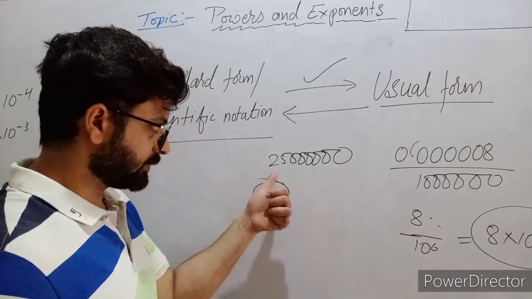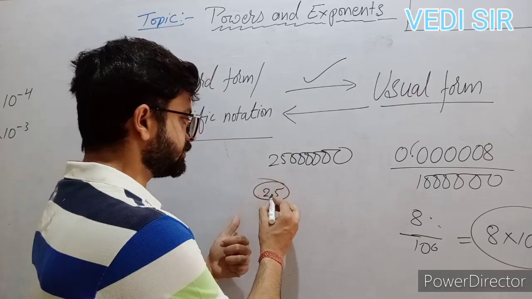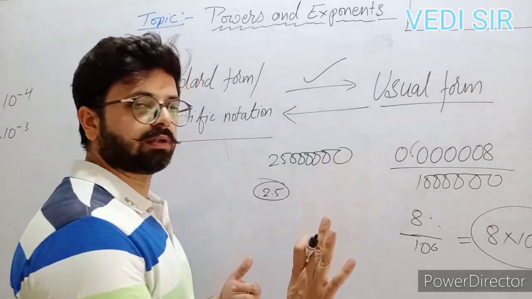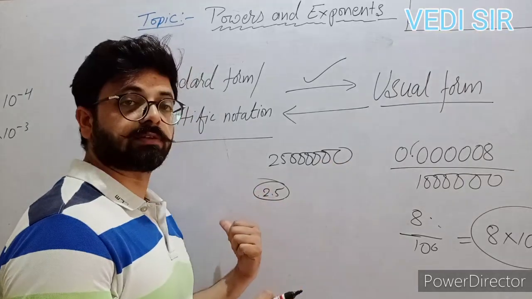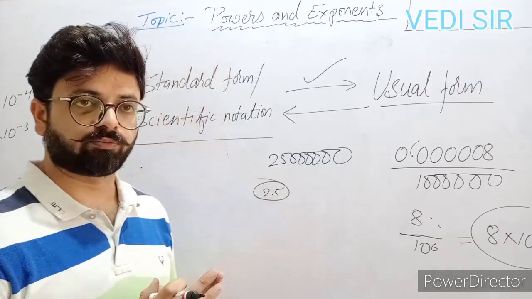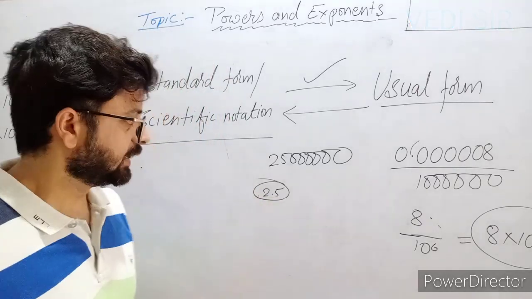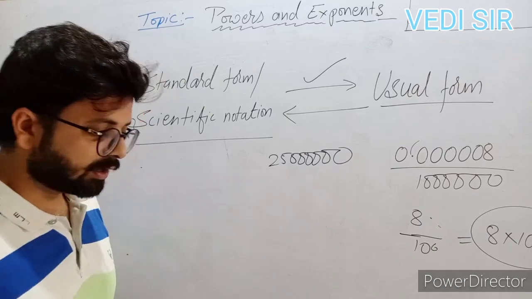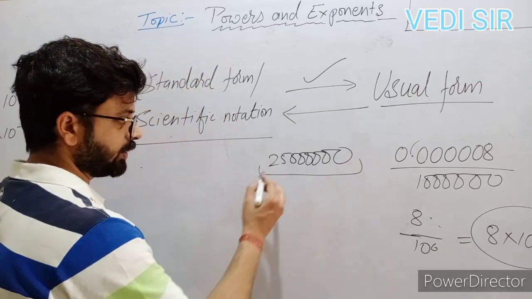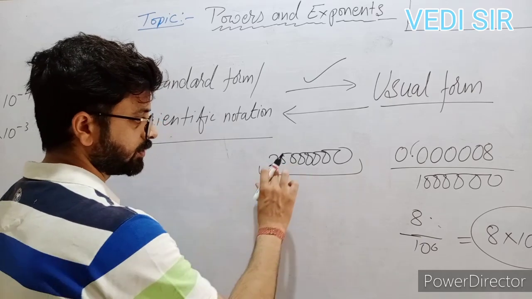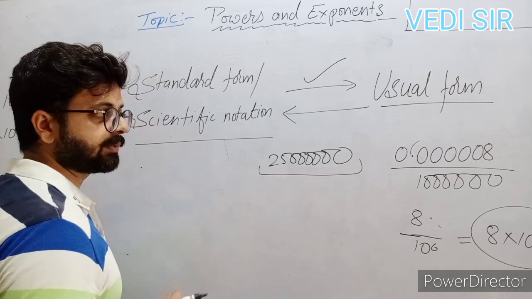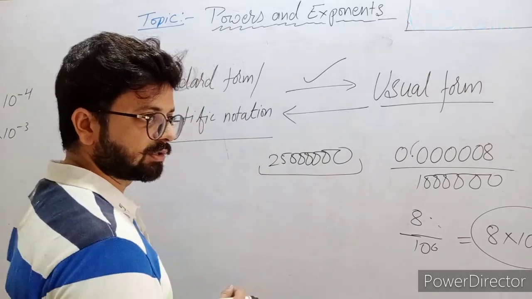Always the number of digits after the decimal can be any, but before the decimal only one non-zero digit must be there.